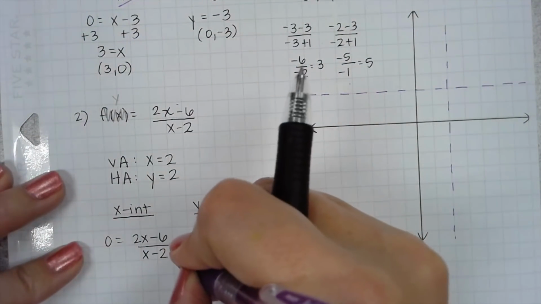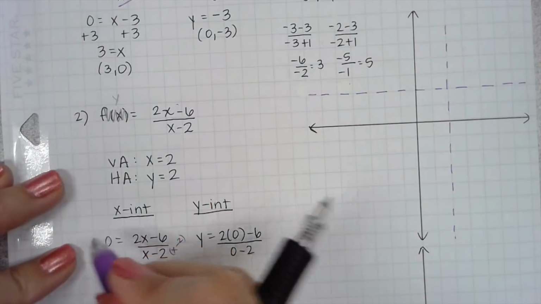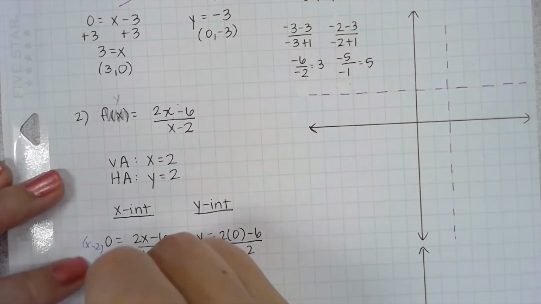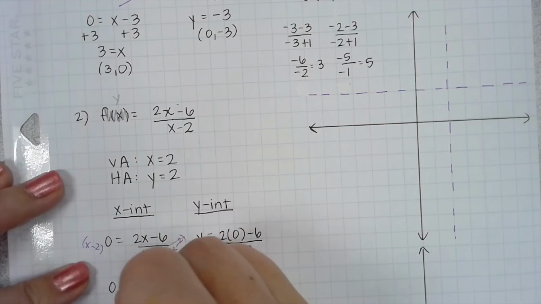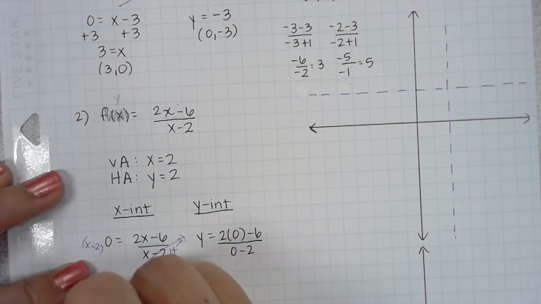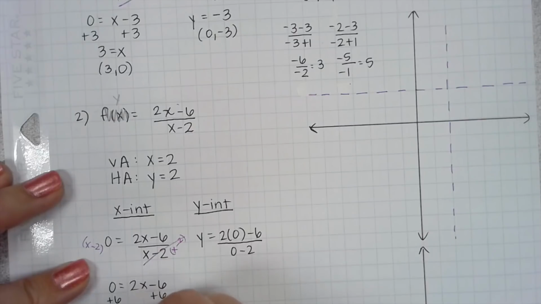You'll multiply both sides by the denominator to cause the denominators to cross out over here, but it's just the same as setting the numerator equal to 0. So 2x minus 6. No more denominator on this one because it just eliminated. And then I'll finish solving the equation to get the x by itself. So I'll get x equals 3.